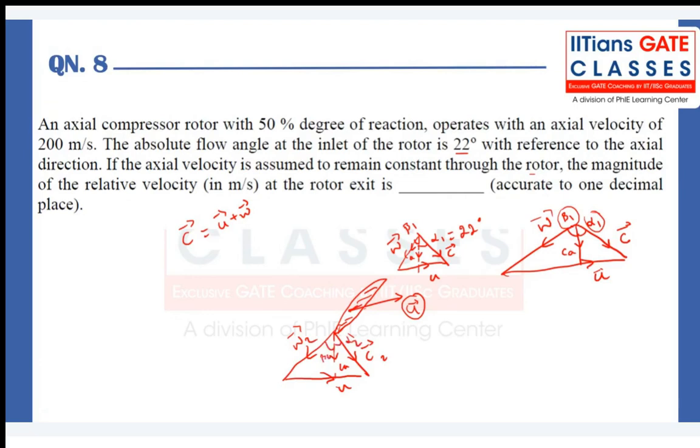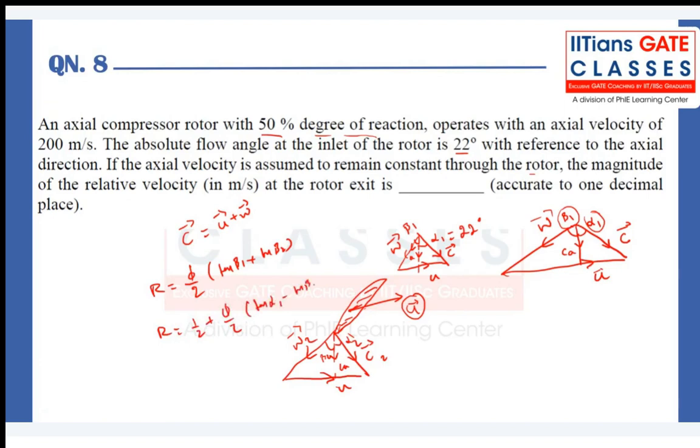Now they have also given one more constraint, that is an axial compressor rotor with 50% degree of reaction. So what is 50% degree of reaction? From the 50% degree of reaction, we can easily show that the degree of reaction can be written as R = (CA/2U)(tan beta 1 + tan beta 2), or I can also write R = 1/2 + (CA/2U)(tan alpha 1 - tan beta 2) kind of way.